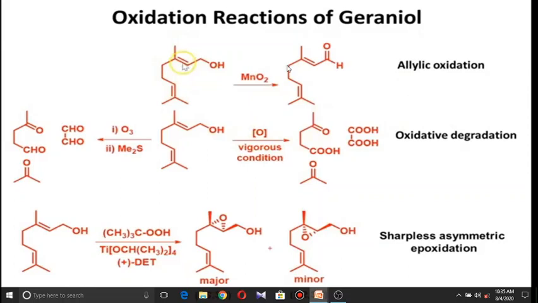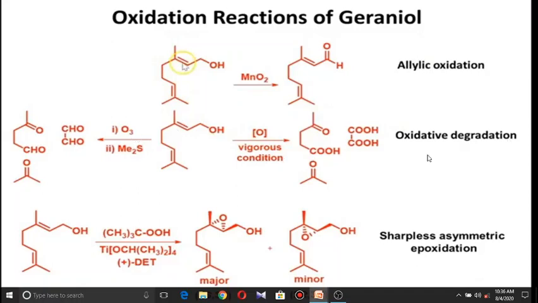Oxidation reactions of geraniol. It undergoes especially 3 types of oxidation reaction. First is the allylic oxidation with manganese dioxide, and you can see that this primary alcoholic group converts into an aldehyde group. Next is the oxidative degradation on treatment with ozone and dimethyl sulfide. It converts into glyoxal, yielding acetone here, and another aldehyde.